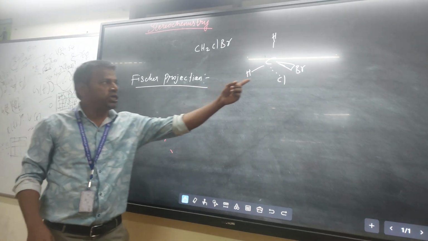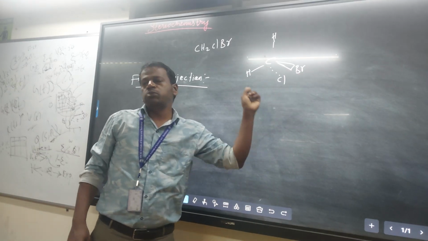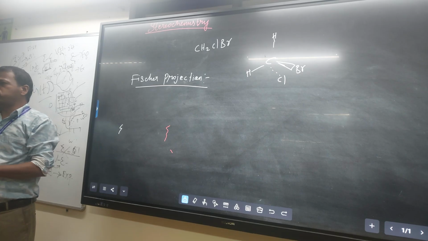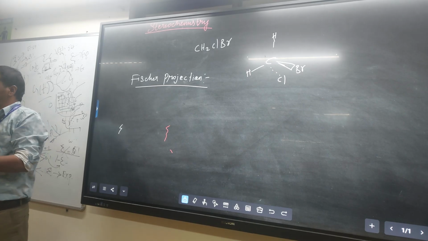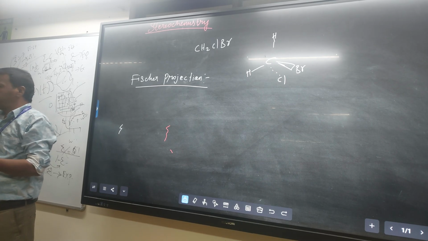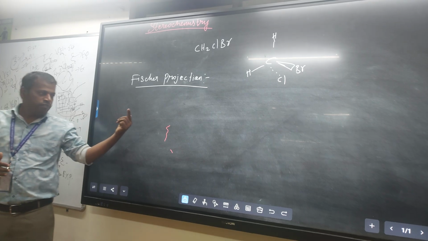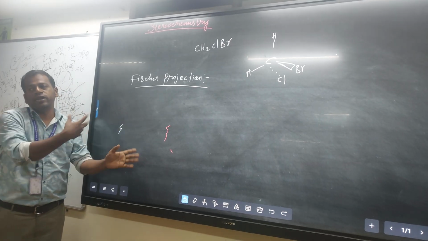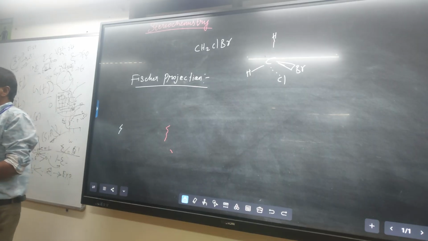It is a flat projection, but front and back are there too. The molecule is there in front of the board, back side of the board, and left and right. That is Fischer's idea.